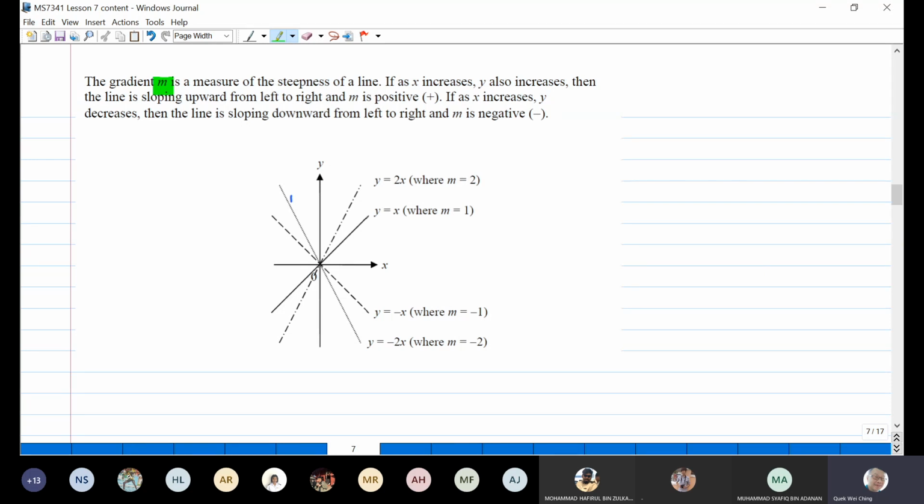And what does a positive m mean? The gradient is m here. So when m is positive, when x increases, y also increases. When m is positive, y also increases.